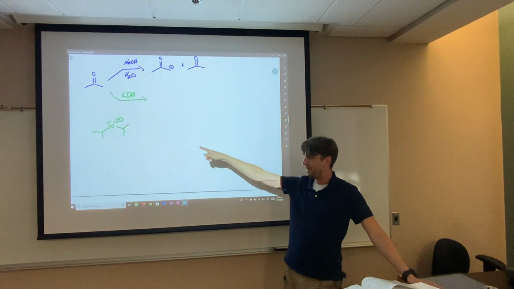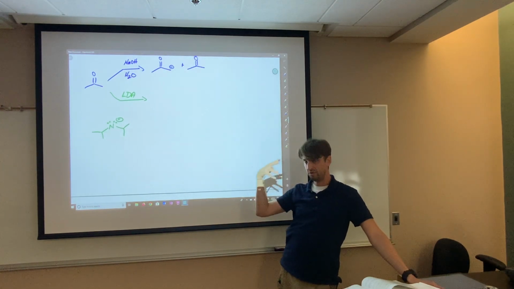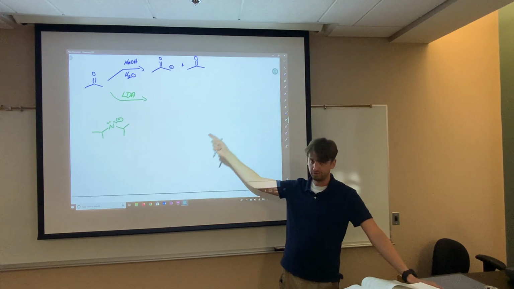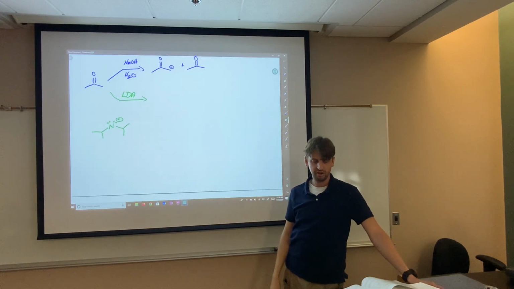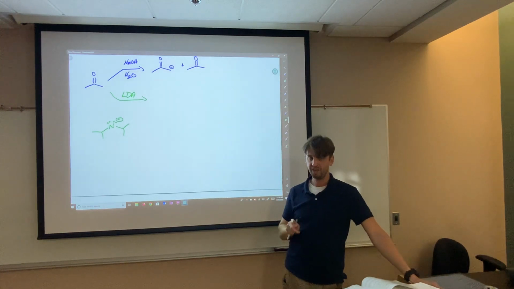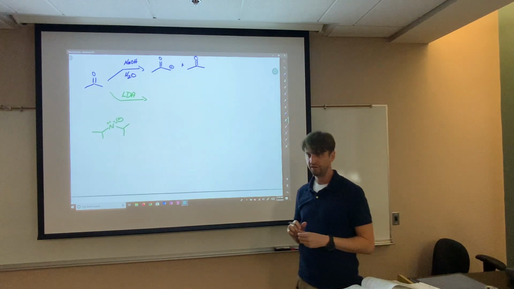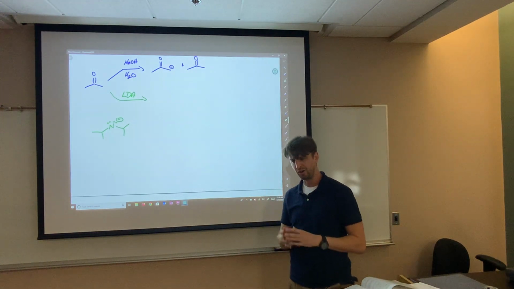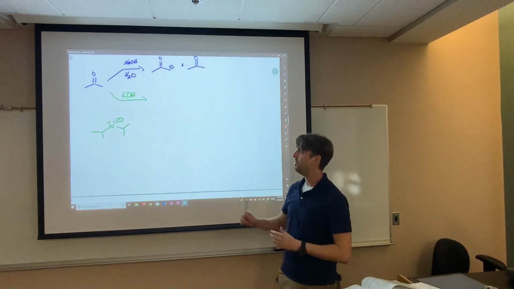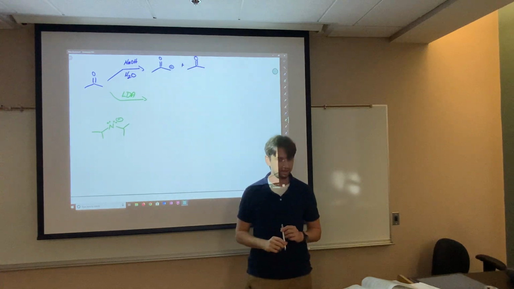Now watch, if it's an extremely powerful base, it's going to act like a base, and it's going to want to grab one of those alpha hydrogens. Powerful bases make weak acids. And equilibrium always favors the weaker acid. That would be a great argument to have as to why that is, and you might have to go back and recall your Gen Chem stuff. But if we pick a really, really powerful base, this is far more powerful than sodium hydroxide is.